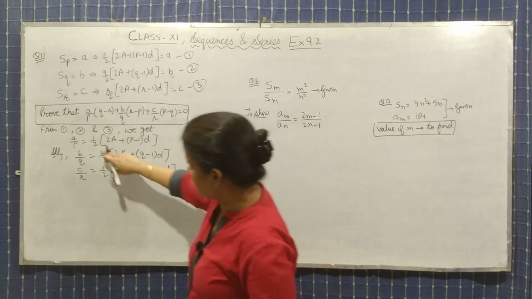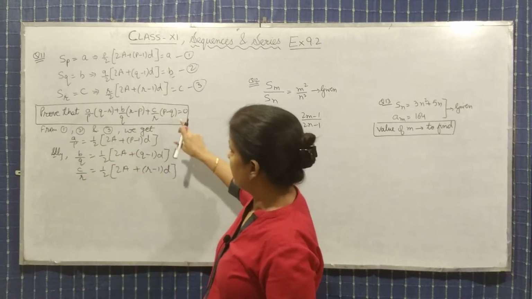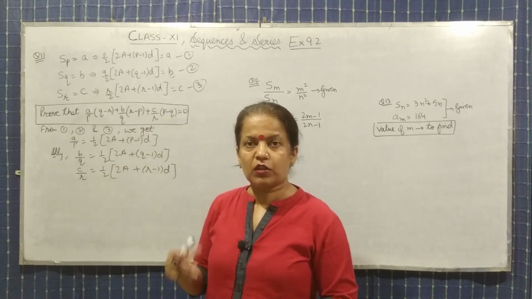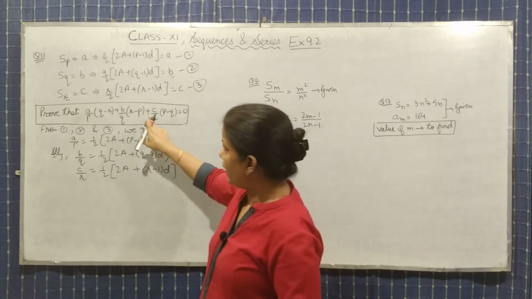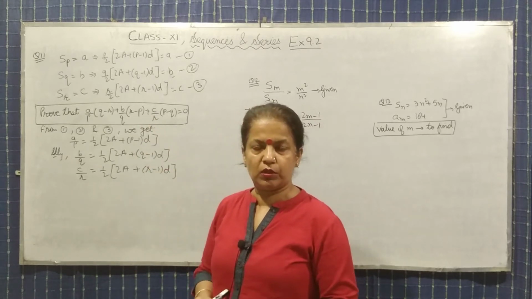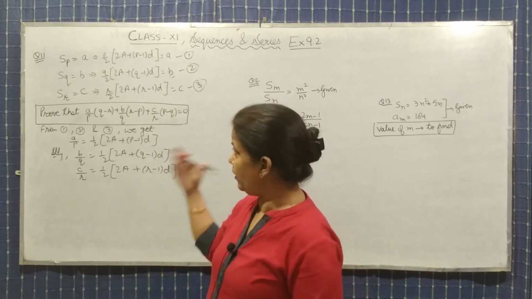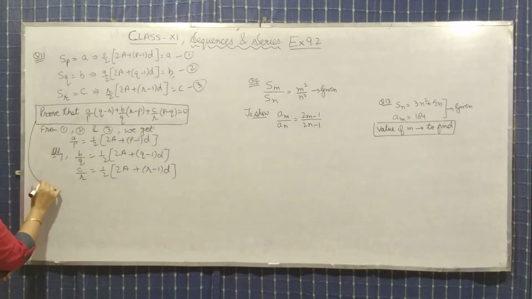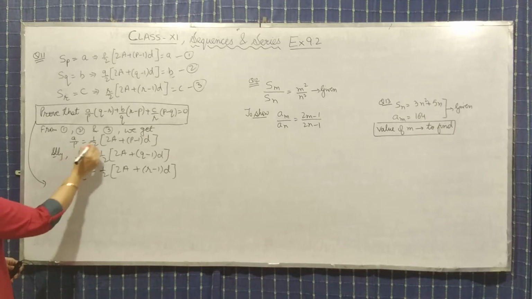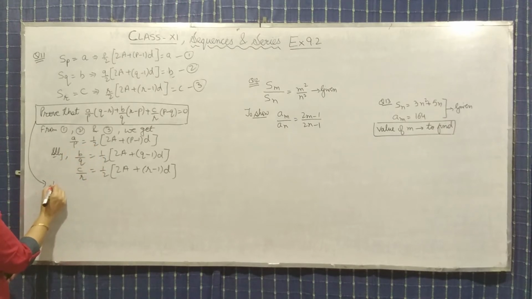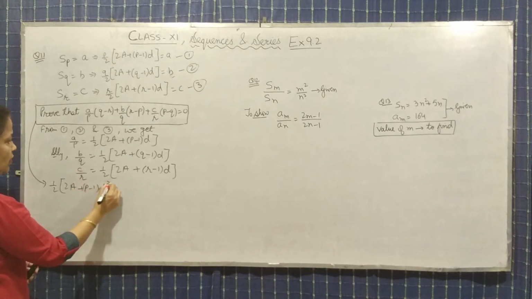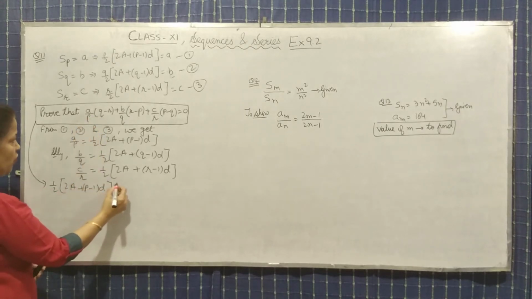You will substitute these values in the LHS of what we have to prove. So after substituting the values, you will put half (2a plus (p minus 1)d) into (q minus r).